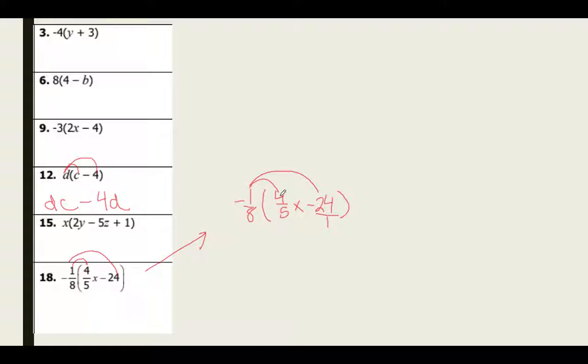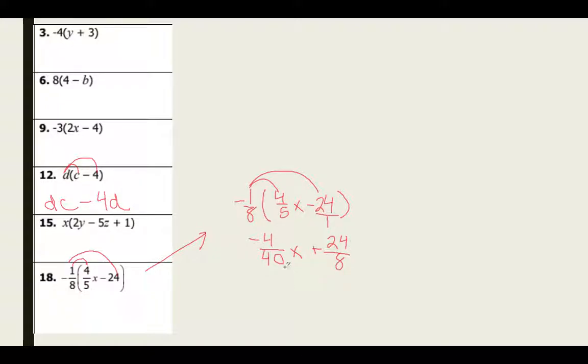So negative 1 times 4 is going to be negative 4/5. 8 times 5 is going to be 40. Bring that x along. And this one is going to be negative 1 times negative 24 is positive 24 over 8 times 1 is going to be 8.